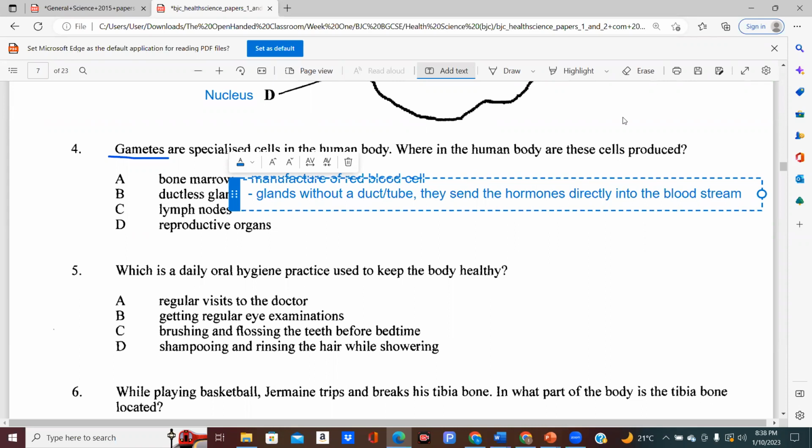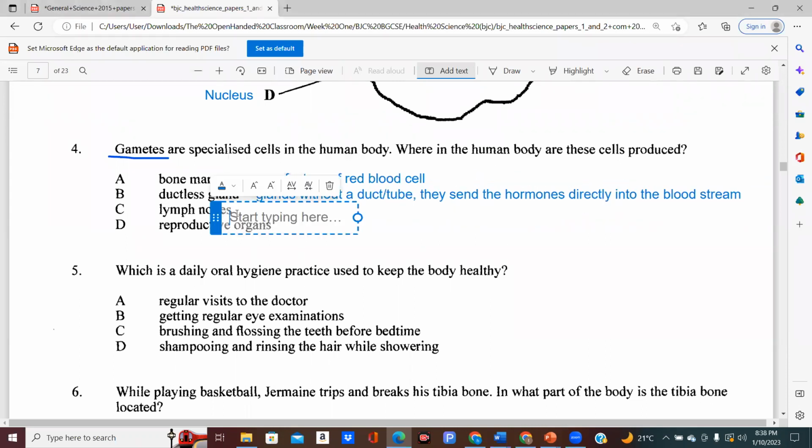It's a ductless gland. And then we have lymph nodes. Lymph nodes help with immunity, so they help your immune system keep you healthy.